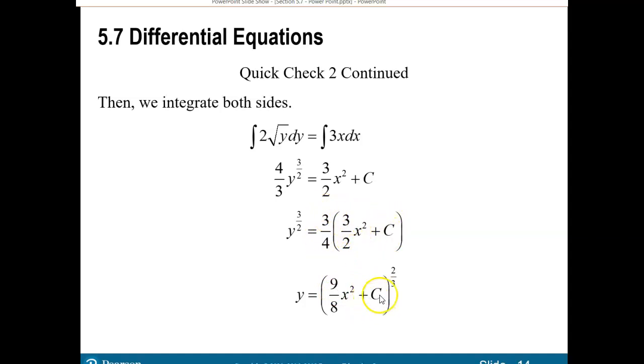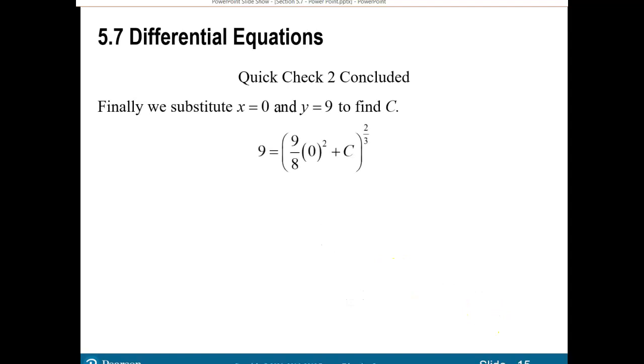It's still a constant, so they just left it as a c. And then raise both sides to the 2/3 power, right, to make this fraction exponent become a 1. So if I raise this side to the 2/3, that becomes just y. That means I have to raise this side to the 2/3.